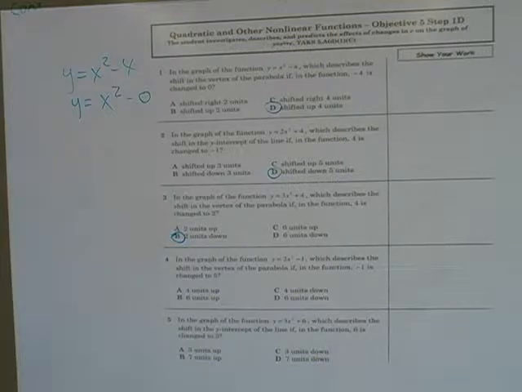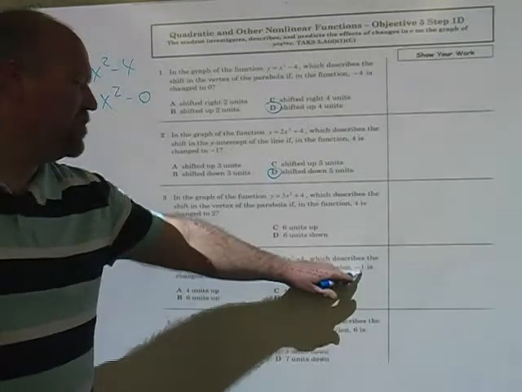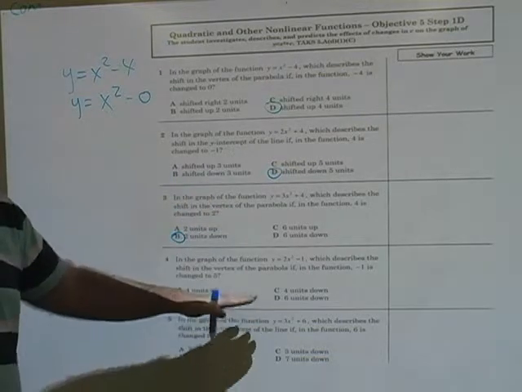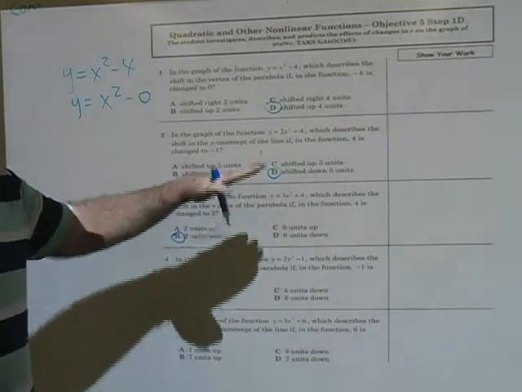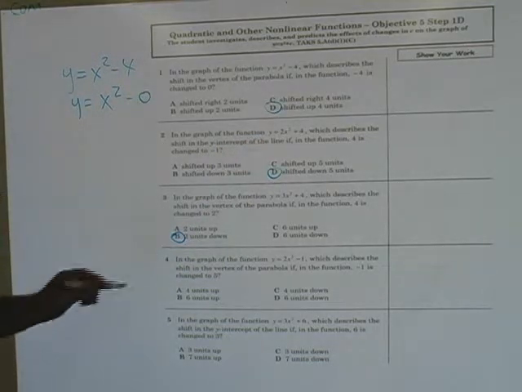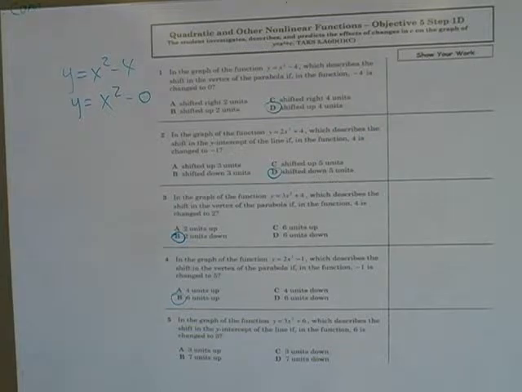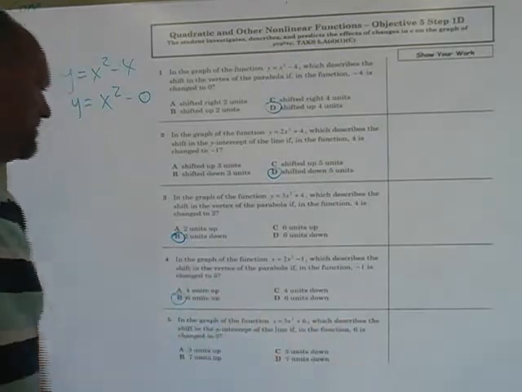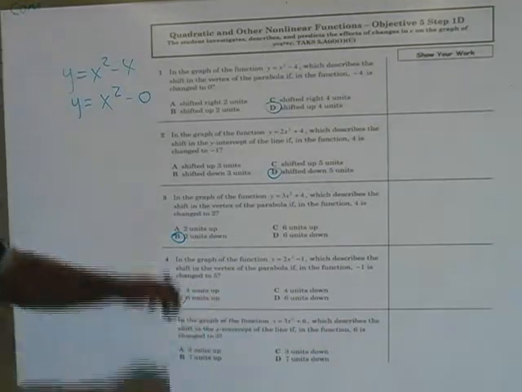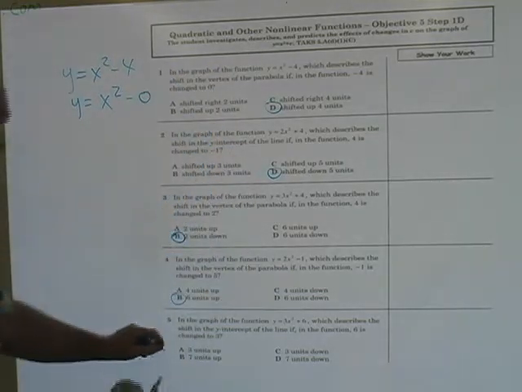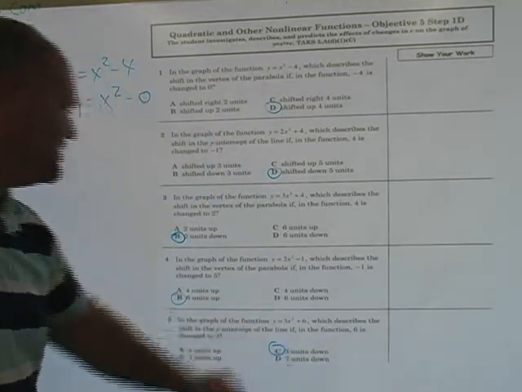Number 4. -1 is changed to 5. You're down here at -1. It's changed to 5. That's a shift of 6 units up. Number 5. 6 is changed to 3. You're up at 6. You go down to 3. That's 3 units down.